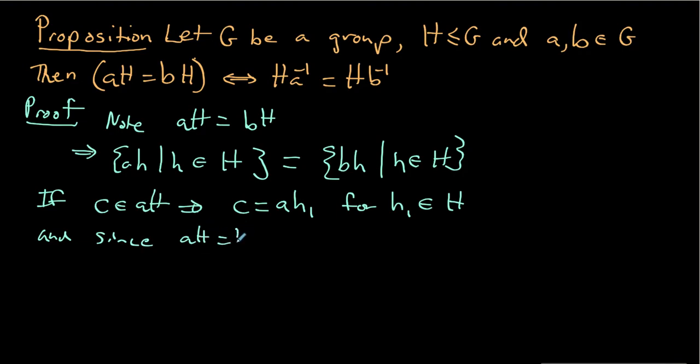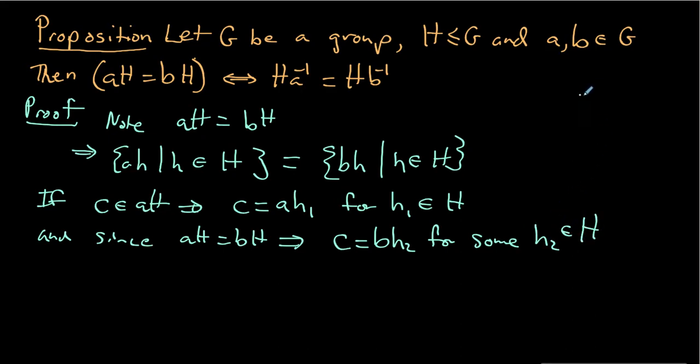since AH and BH are the same thing, we're also going to know that C is equal to B times h2 for some h2 inside of H. And I really want to basically say this is what my hypothesis tells us.